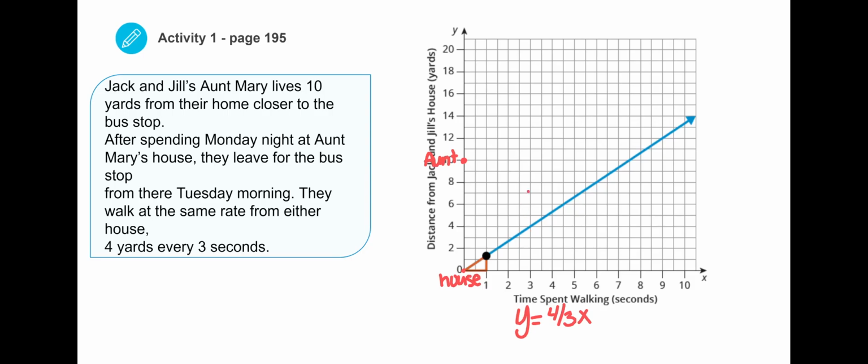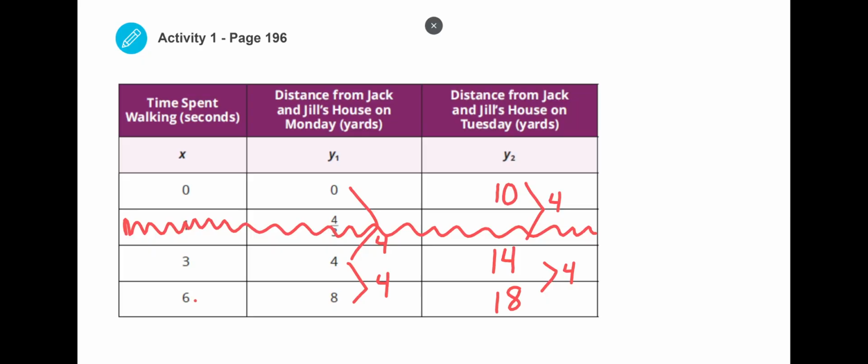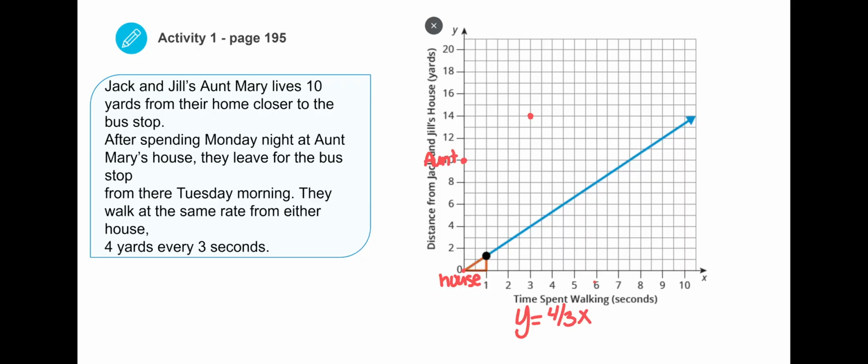So 3 seconds, and we're going to follow this line up to right here. Okay, and then at 6 seconds, they are 18 yards away. So at 6 seconds, we are 18 yards away.